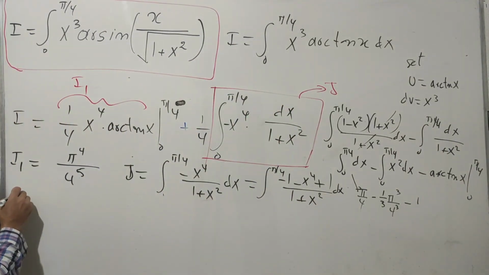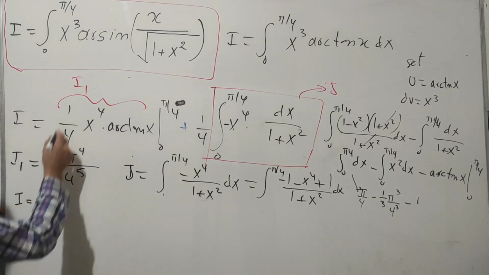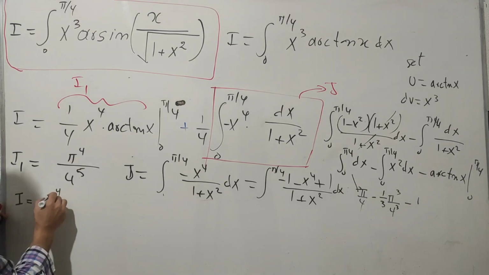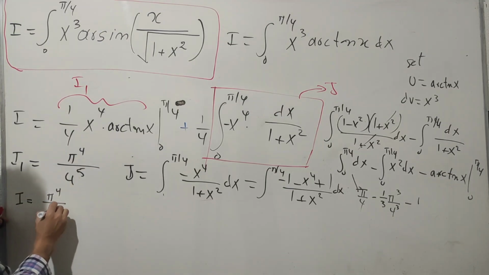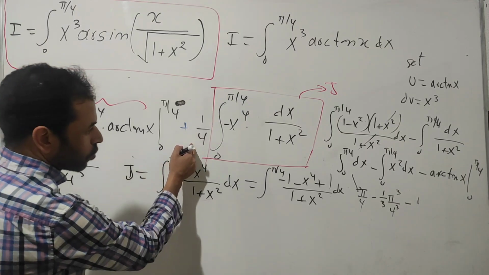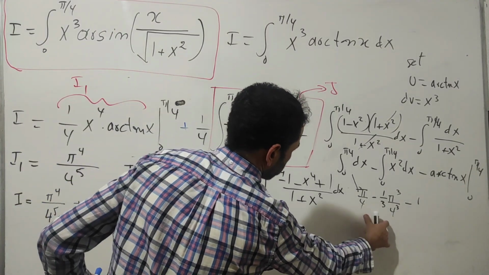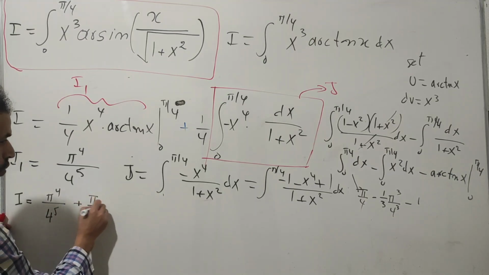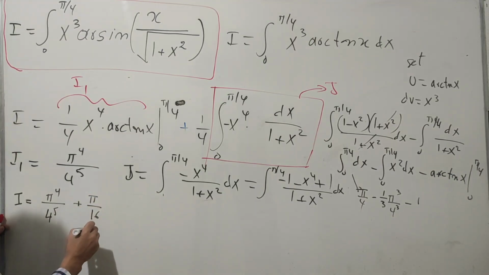So finally I get the original integral I, which is going to give us pi to the 4th over 4 to the 5th, plus 1 over 4 multiplied by this one, so I will have pi over 16, as 4 is multiplied by 4.